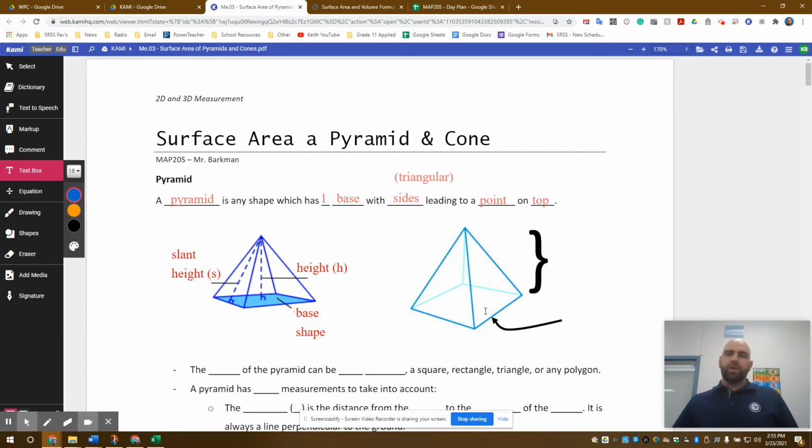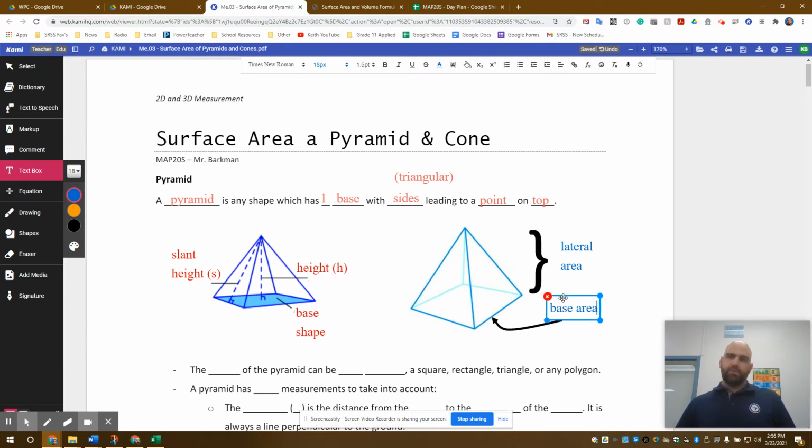Now, if we look at a pyramid, we have two different pieces to the pyramid. We have the lateral area, which is the area of these triangles. Okay, so lateral area is the area of the triangles. It's our sides. If you want to think of it as our sides, that's our lateral area. The other area that we have is our base area. Okay, and so that is the bottom piece.